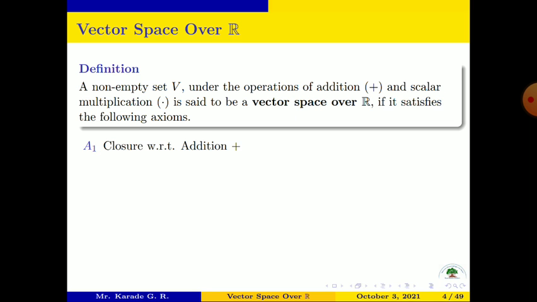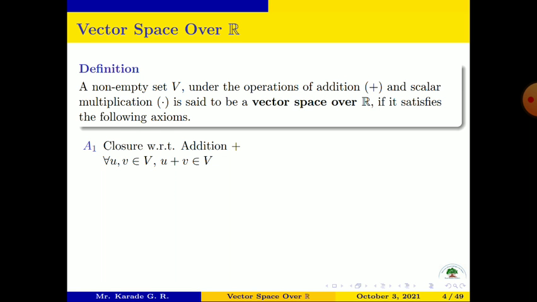We write here. The first axiom is closure with respect to addition. So this set V must satisfy the closure property with respect to addition. And what is that property?